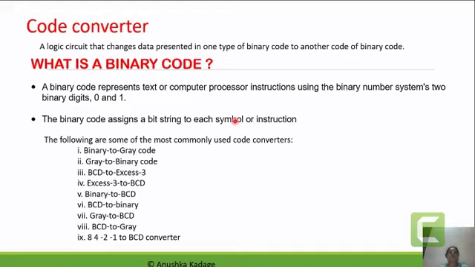For binary code converters, we have multiple code converters available. The first is the binary to gray code converter. Next is gray to binary code converter, BCD to XS3 code converter, XS3 to BCD code converter, binary to BCD converter, BCD to binary converter, gray to BCD converter, BCD to gray converter, and 8421 to BCD converter.